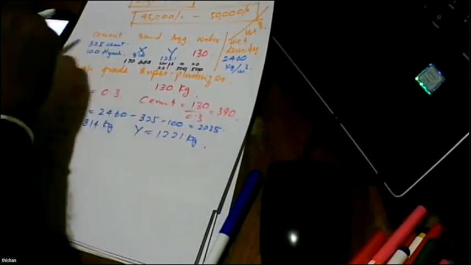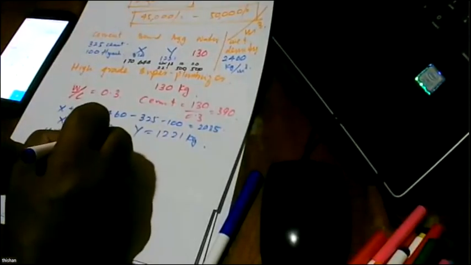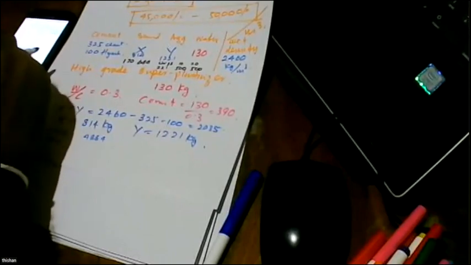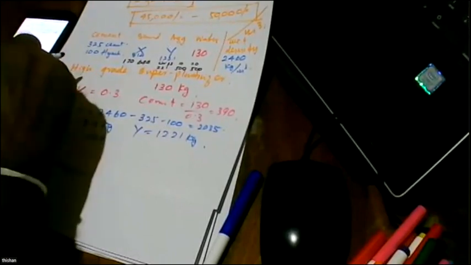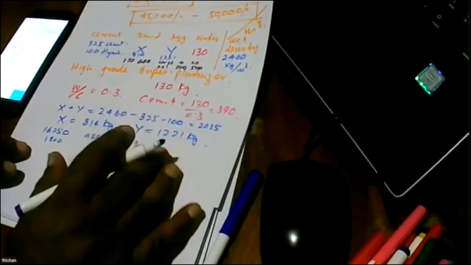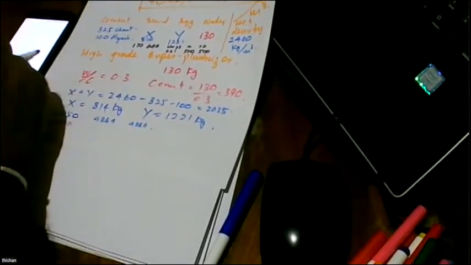And sand is 814 multiplied by 6 rupees, and that is 4,884. And the cost of aggregate is 2,221 multiplied by 4.